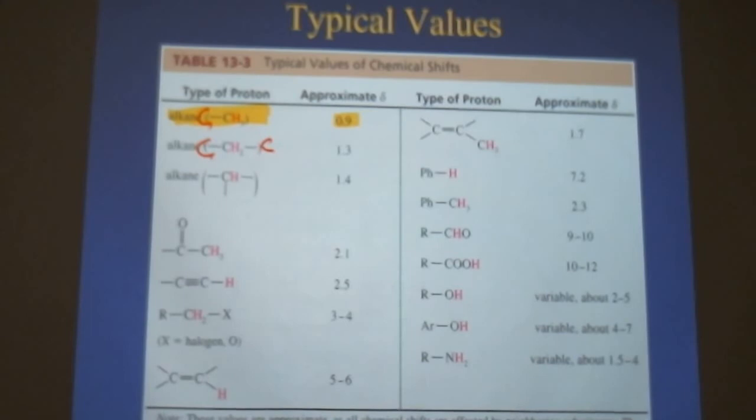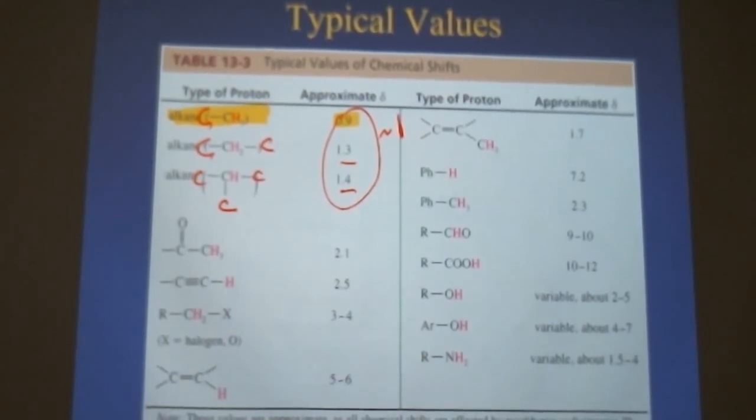Those carbons are sucking more electron density, so my chemical shift is down to about 1.3. And add 3 carbons, and now maybe 1.4. But roughly, if you're a hydrogen attached to an sp3 carbon, you can expect that to show up around 1, with small differences if you are primary, secondary, or tertiary.